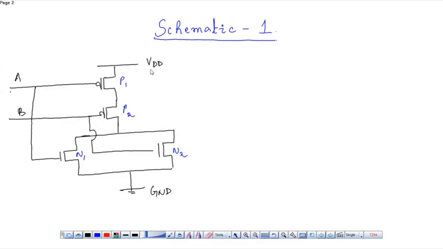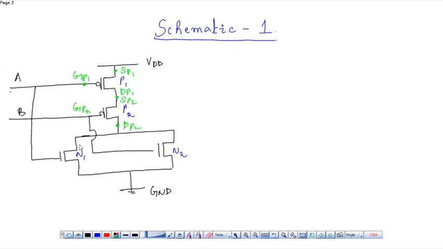So if this is my VDD, as we know, the PMOS source is connected to VDD. So this is source of P1, this is drain of P1, this is gate of P1, and similarly this is my drain terminal because we obtained the output from the drain terminal. So this is drain P2, this is source of P2, this is gate of P2.